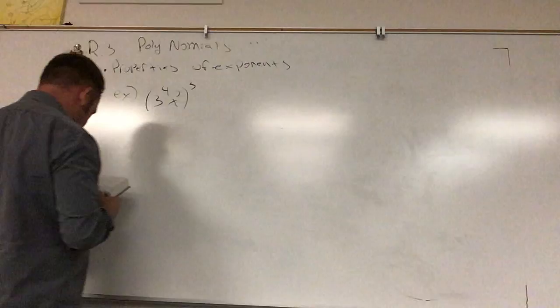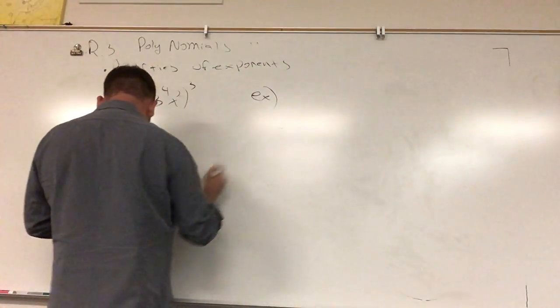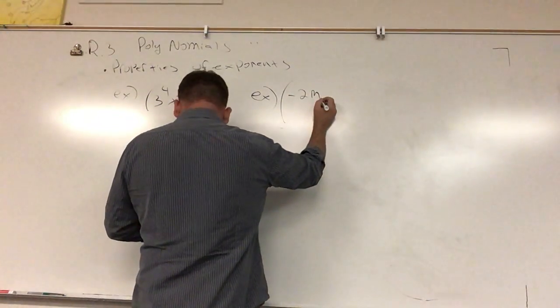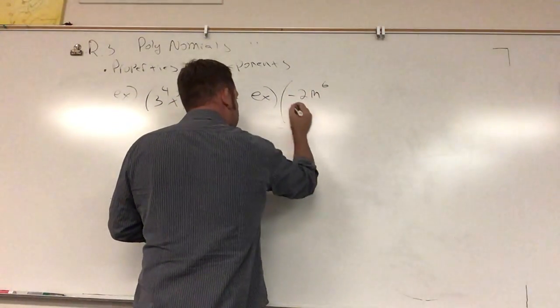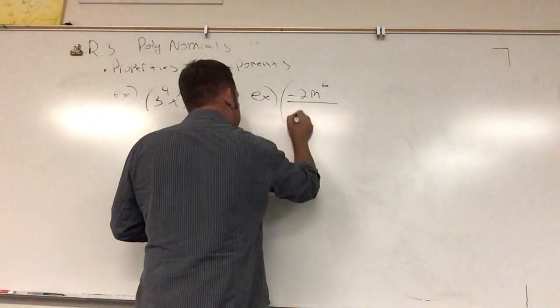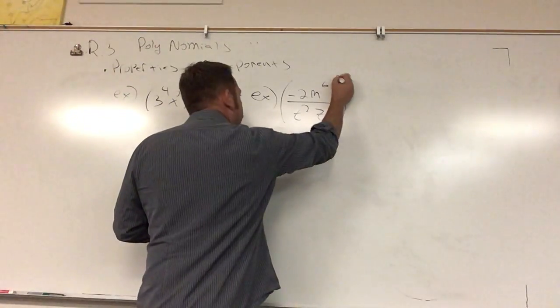That'll be a neat one. And let's do this one as well. Negative 2m to the 6th over t squared z to the 5th.